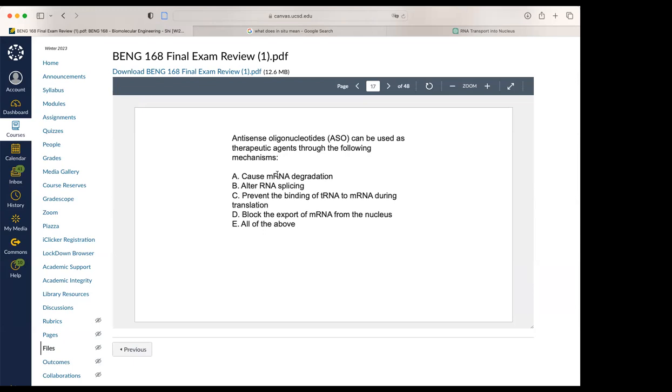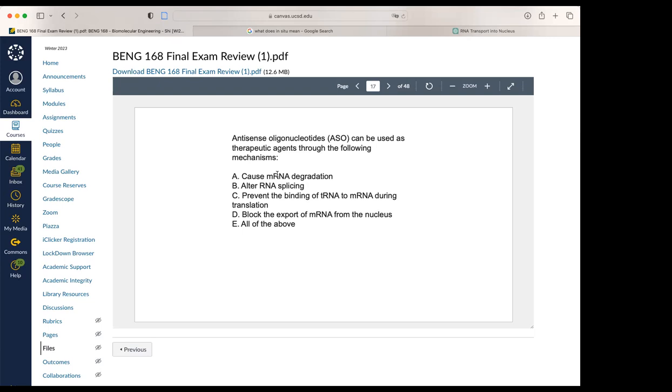So by introducing an ASO, it attracts this double-stranded RNA cutting protein complex to cut it. That's what happens.